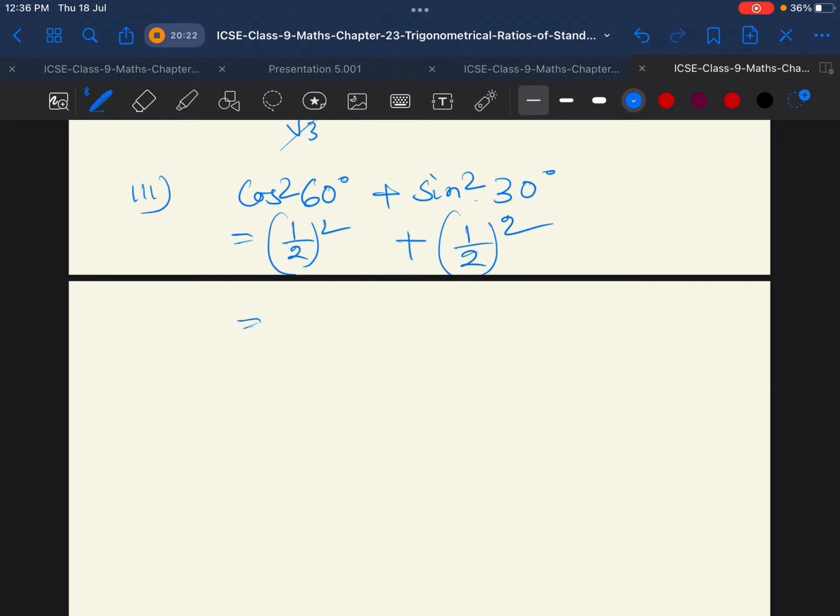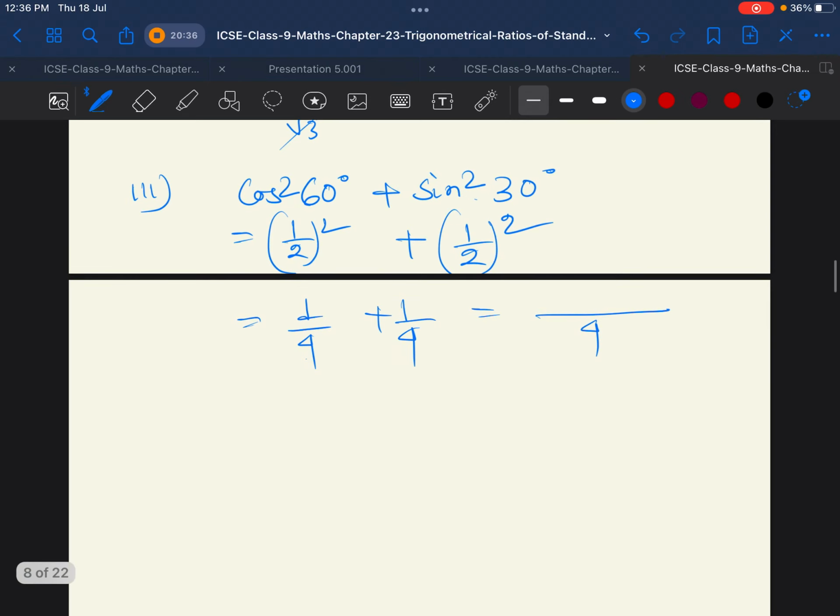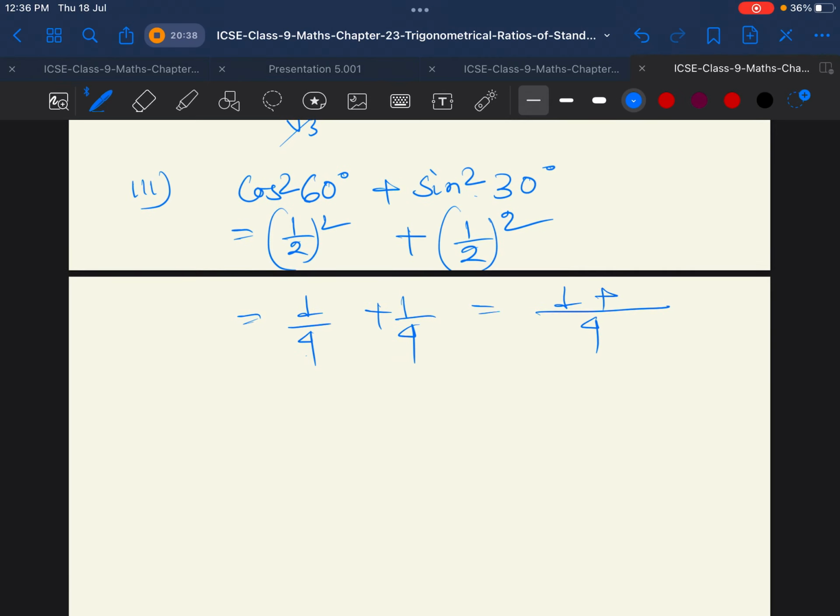So 1 by 2 whole square we can write as 1 by 4 plus 1 by 4. Here the LCM is 4, so 1 plus 1, 2 by 4.